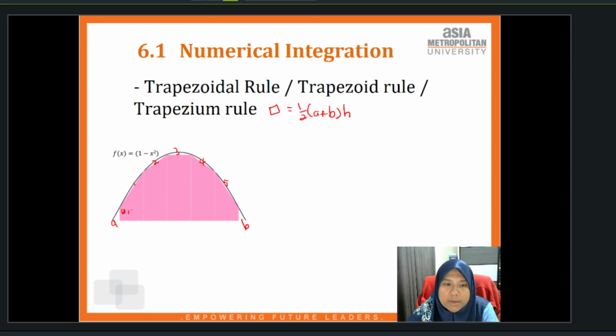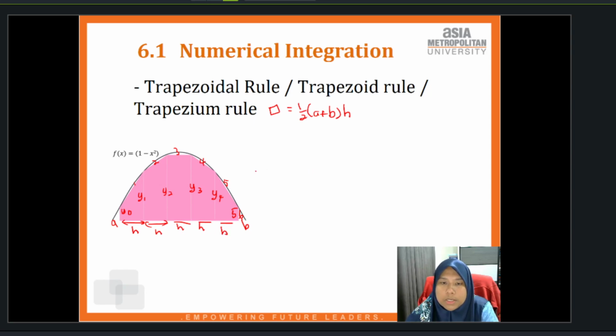This is y1, y2, where y is the height, y3, y4, and y5. Alright, so here we divide equally. Let's say this is h, this is h, this is h, this is h, this is h.